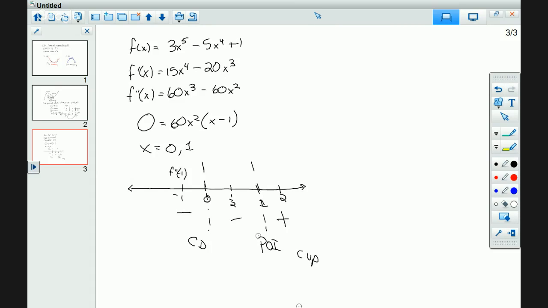If you're going to write this in interval notation, okay, sometimes you're asked for interval notation, so make sure you can write it in interval notation. If it's going from negative to negative, how's it concave? Second derivative is negative. Concave down.